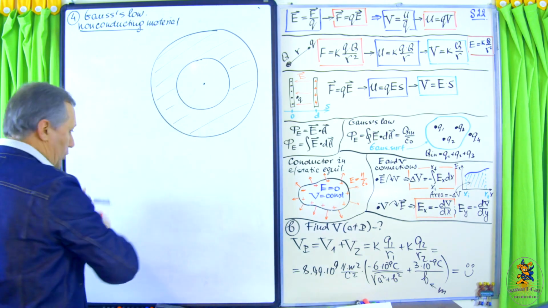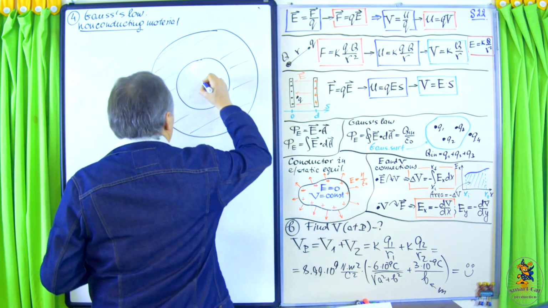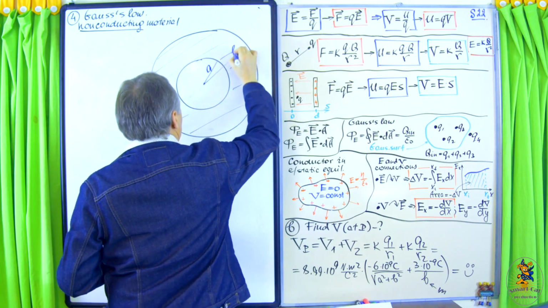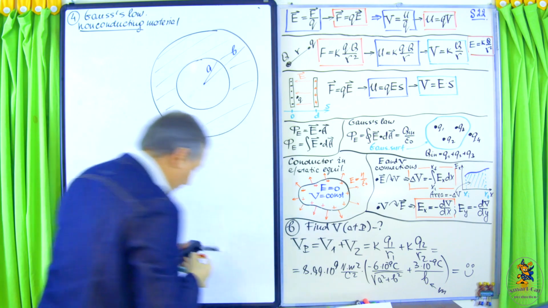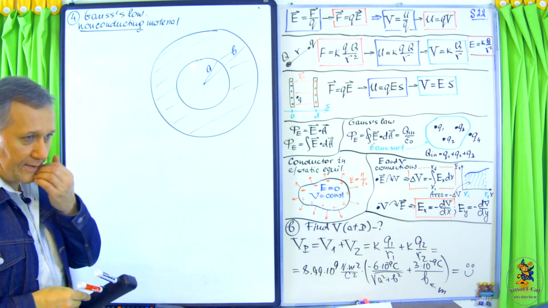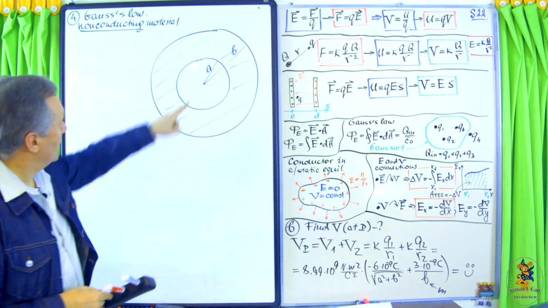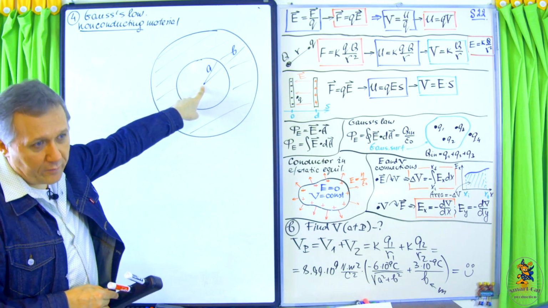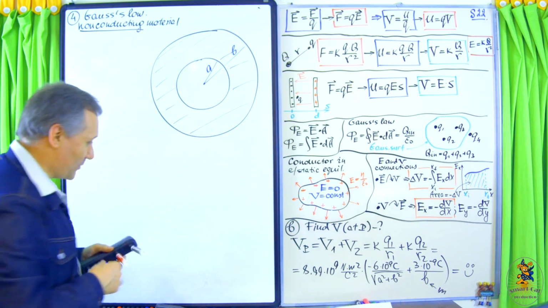Okay, so that's not the whole story. So now radii, let's say this radius A, this radius B. And now let's position at the center of this structure, positive charge Q, to have a slightly more complicated problem.